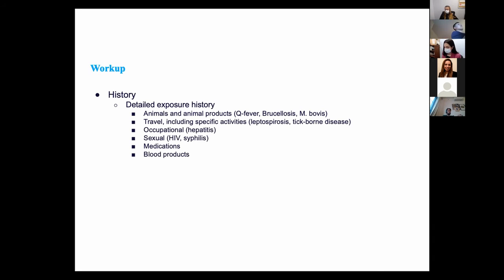But you do occasionally still see cases of transfusion-related babesiosis in the Northeast, so something to always keep in the back of your mind. And then any recent invasive procedures, especially in people with prosthetic heart valves, prosthetic joints, or prosthetic material, basically, which can get seeded. So dental procedures, surgeries, endoscopies with biopsy, especially.